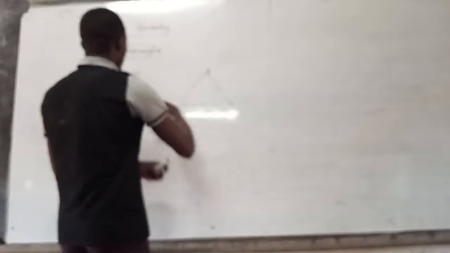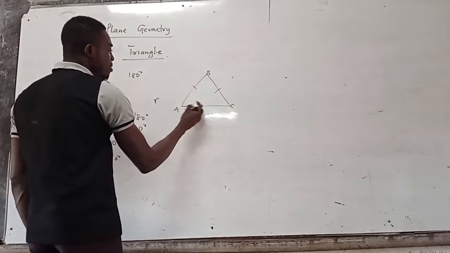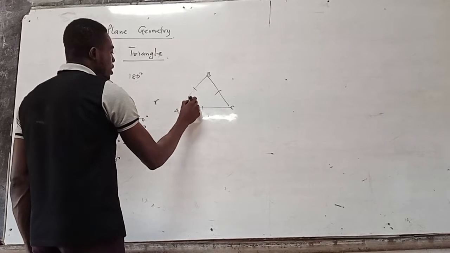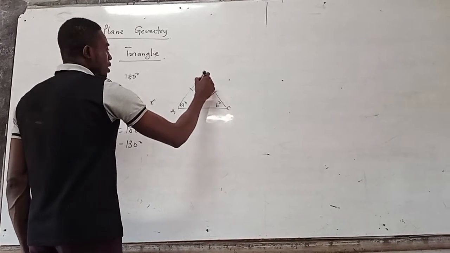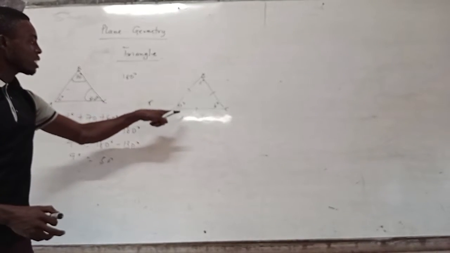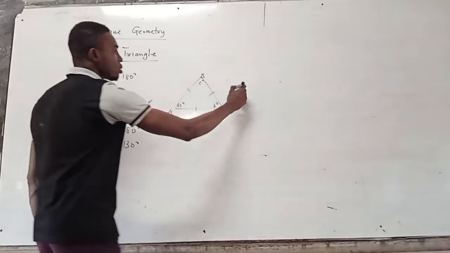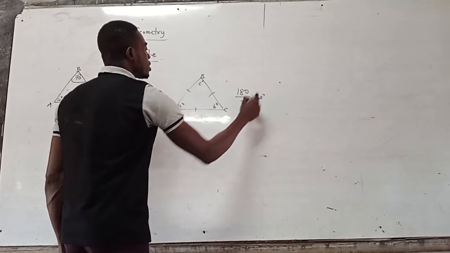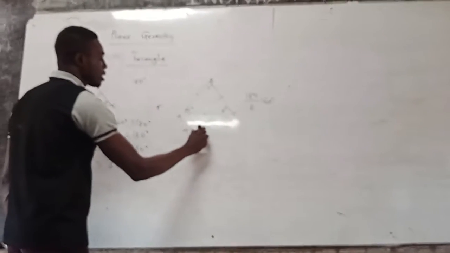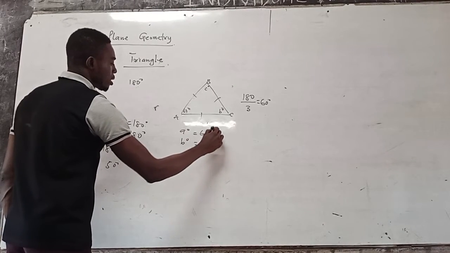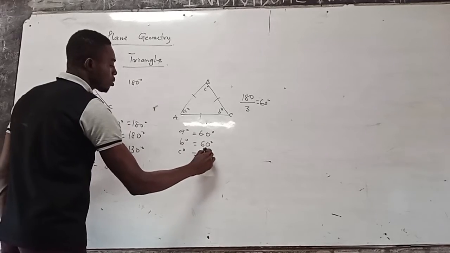So they sum up to 180, and even if we don't give you 60 here and ask you to find this one, once these marks are shown, they are all equal. So you just write 180 divided by 3 is equal to 60. Means that A is 60, B is 60, and C is also 60 degrees.